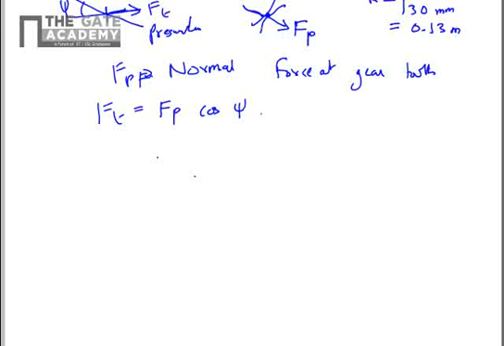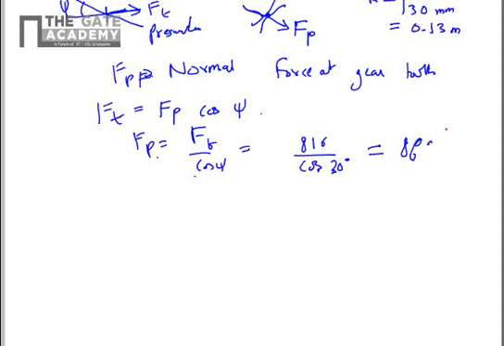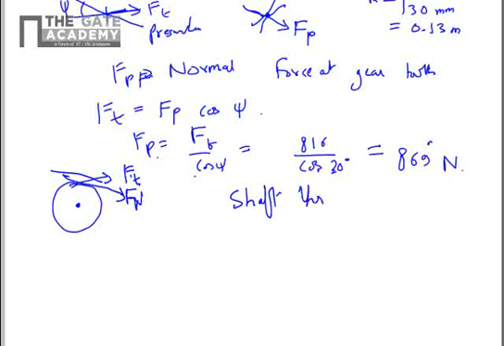Only the component of it perpendicular to the line joining the centers helps in torque transmission. So Fp will be equal to Ft by cos xi, which is 816 by cos 20 degrees, the xi was given as 20 degrees, which is equal to 869 Newton. So the shaft thrust will be equal to 869 Newton. This is the answer for the first part.